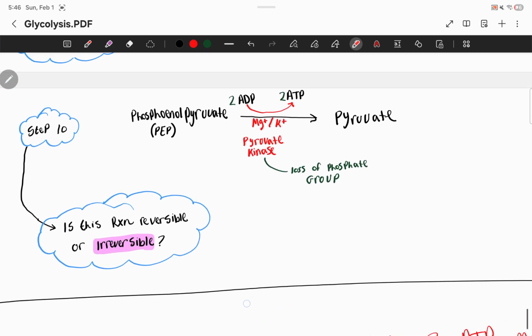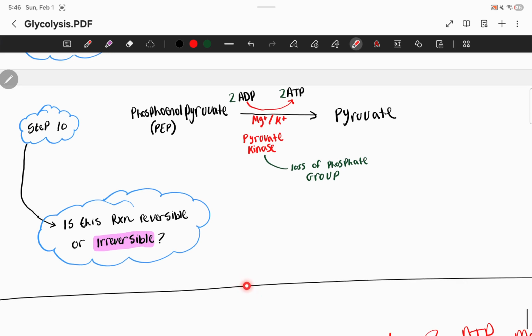Now for step 10, this reaction is irreversible, okay? We're basically taking the phosphoenolpyruvate and switching it into pyruvate. Since we lost the phosphate right here, what happened is we are making ATP.